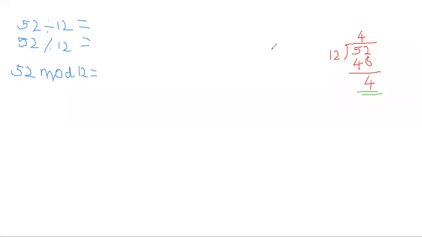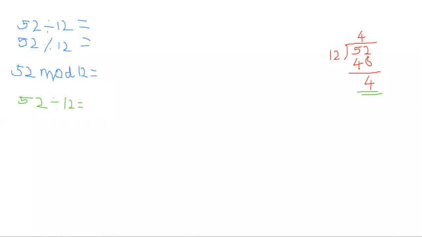So now how am I going to find it out by using the calculator? The first step is I have to use 52, divided by normal division, divided by 12. If I do 52 divided by 12, how much am I going to get?